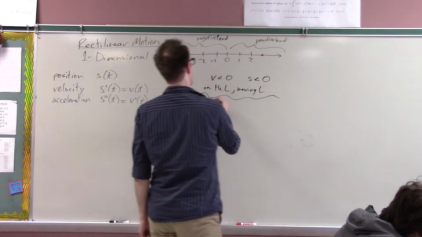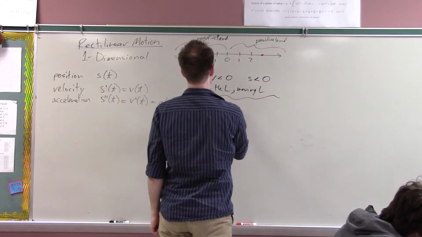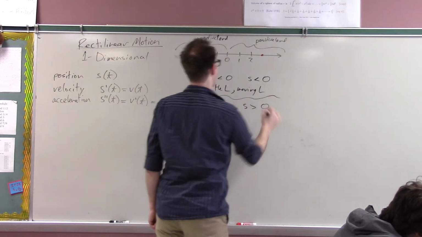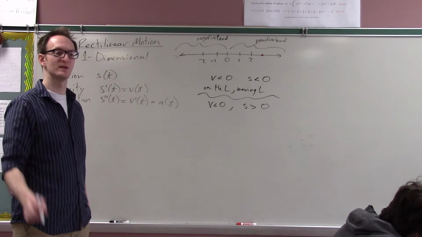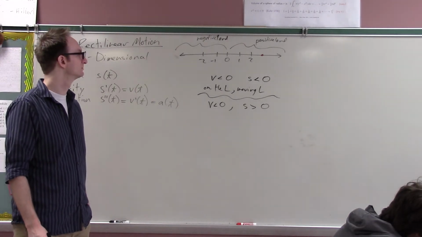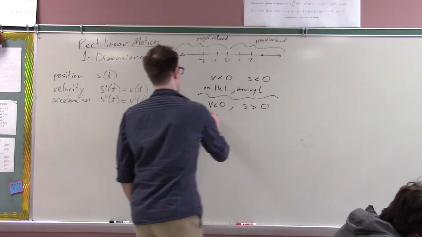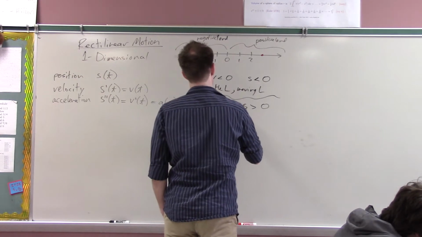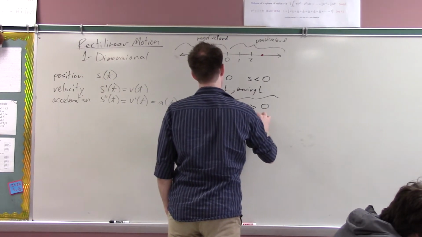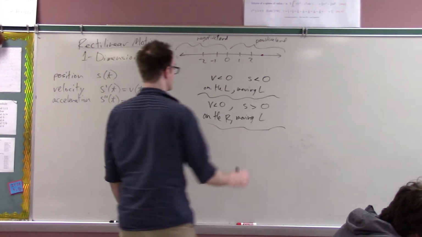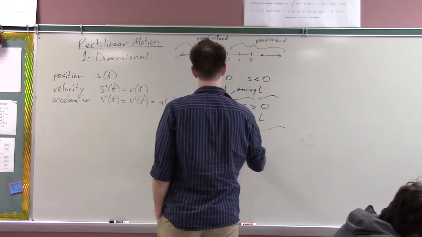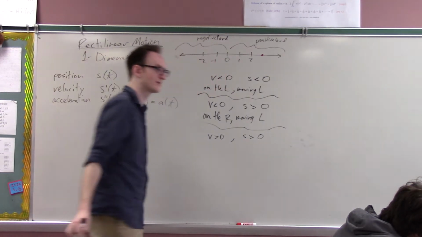All right, what if my velocity is negative and my position is positive? Someone else, Gerhard. You're on the right, and you are moving left. Okay, what else we got? If my velocity is positive and my position is positive, Kendall, what's going on?